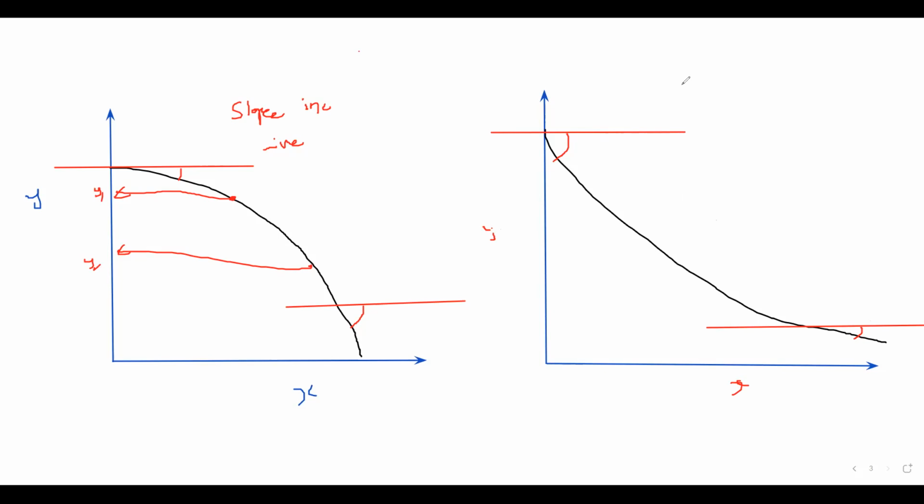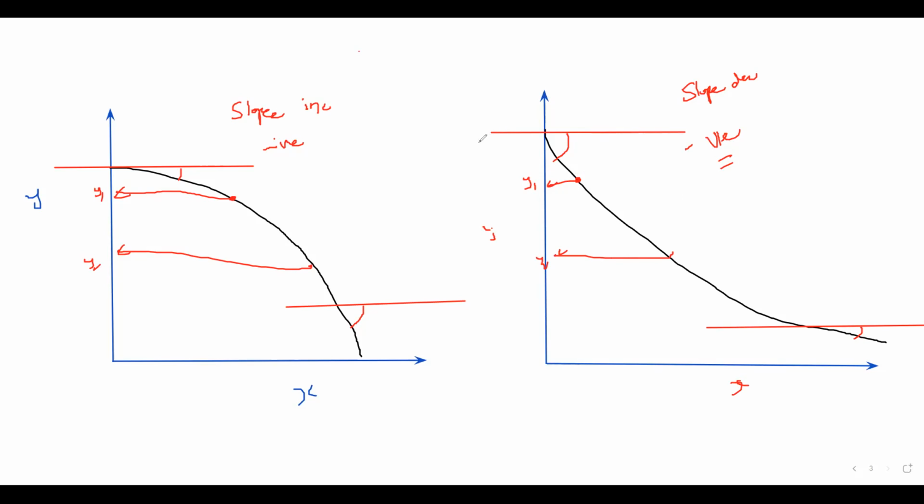So if the angle is decreasing, it means the slope will decrease. And what about the value? When we check the first point, y1, and the second one, y2, y1 is above y2, so it will again be negative. So it will be a negative slope and it is decreasing.